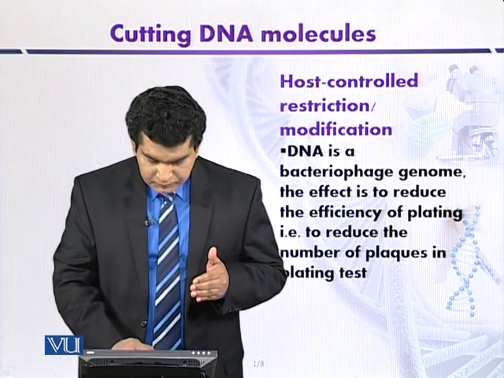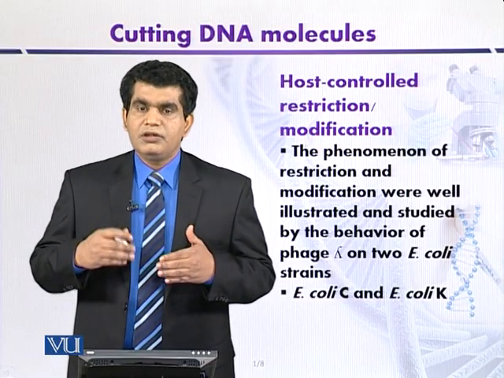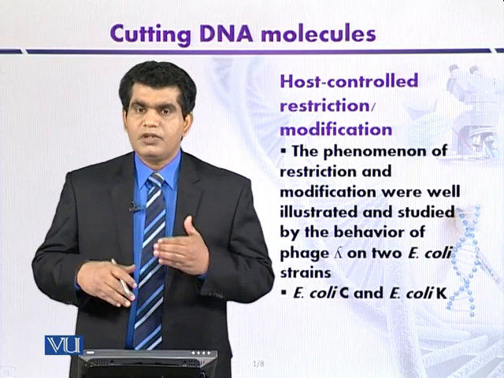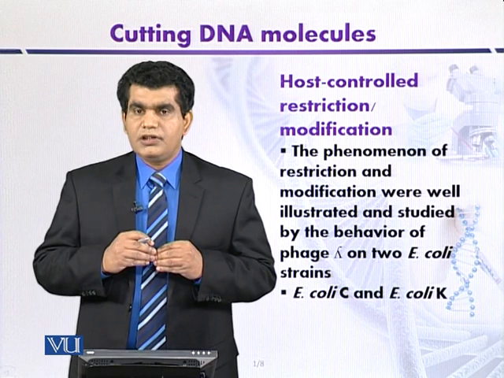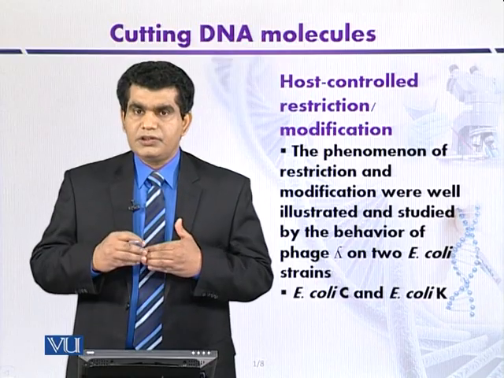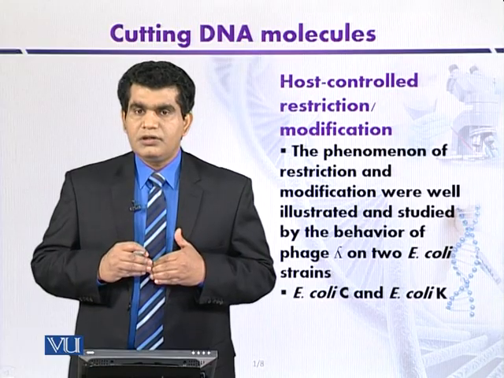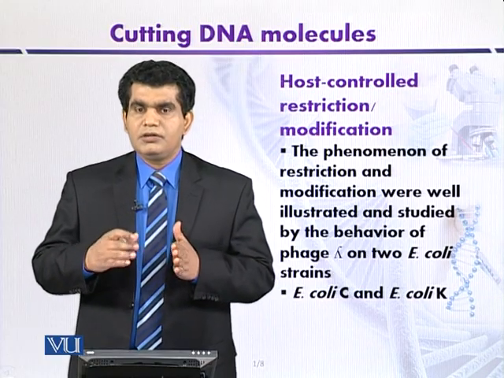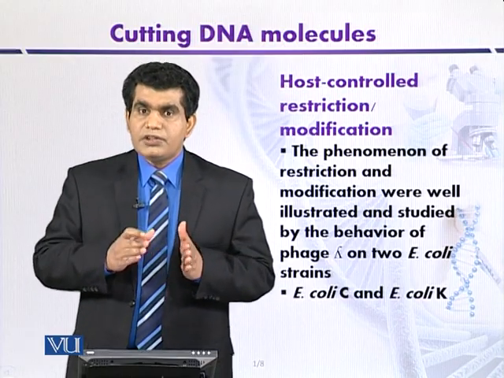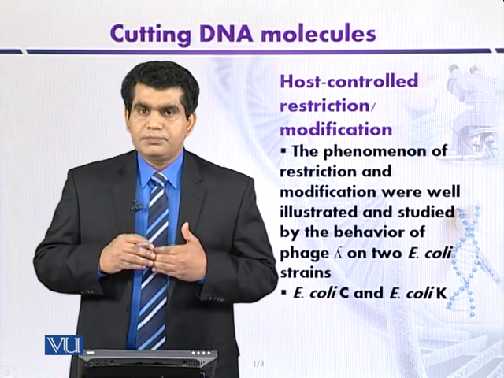We can study this mechanism of restriction and modification by using two host strains of E. coli: E. coli C and E. coli K. If bacteriophages are propagated on E. coli C and E. coli K, then in the first strain, E. coli C, the bacteriophages will not be restricted.